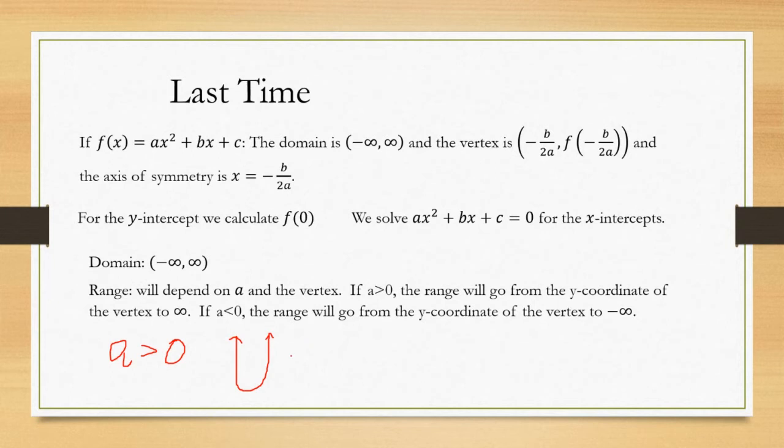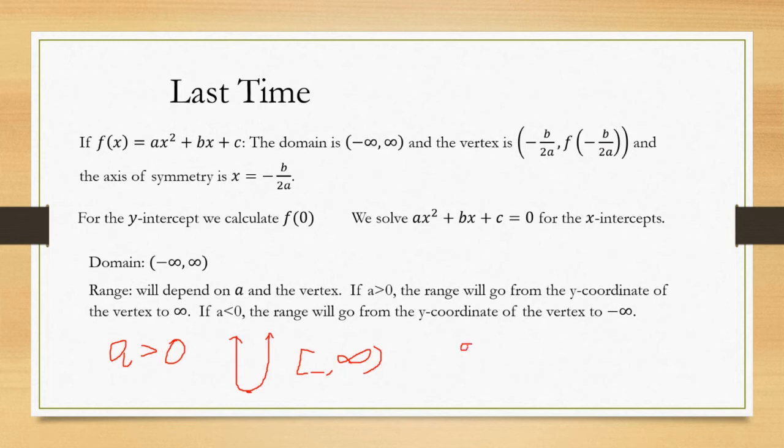And so what does that tell you? Well, that tells you that the vertex is going to be down here. Again, that's where the graph makes a U-turn, so to say. The range is going to go from the y-coordinate of the vertex. What it is will depend on b and a, and the function we're dealing with. And it's going to go up to infinity, as you can see.